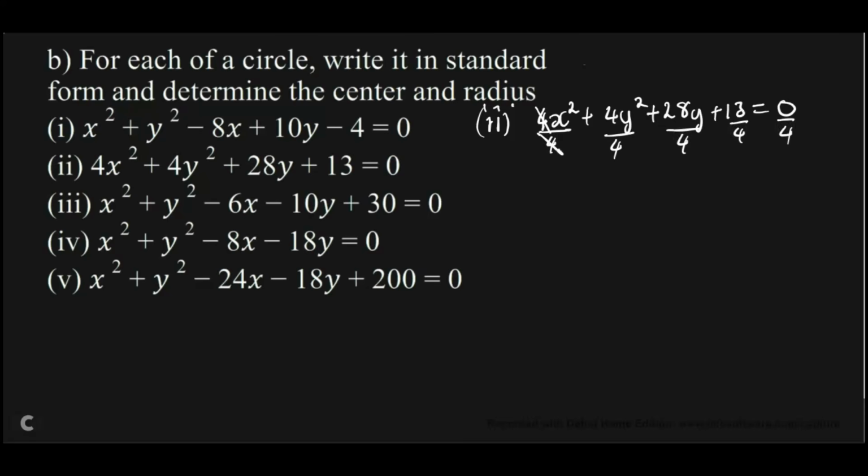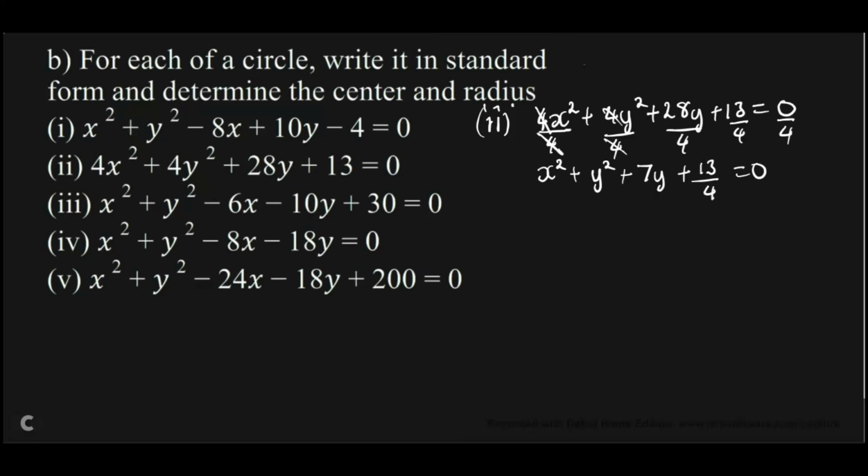Such that when you divide there, that is x squared. Then when you divide there, that is y squared. Then 28 over 4 is 7y plus 13 over 4 equal to 0, like that. So the next part is the complete the square method, right?